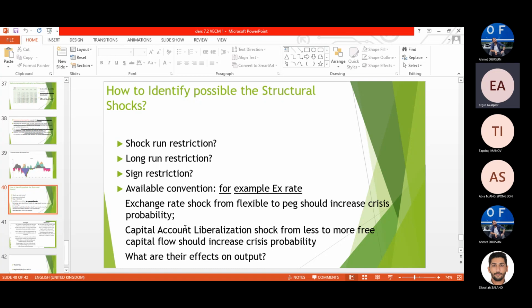And a capital account liberalization shock, from less to more free capital flows, should increase the crisis probability. As I mentioned to you, this is also important. Capital shocks, when you are having problems with resources in the financial sector, also affect and change the economic structure. A crisis always happens when you have financial problems or insufficiencies, and your currency becomes very depreciated against foreign currencies.